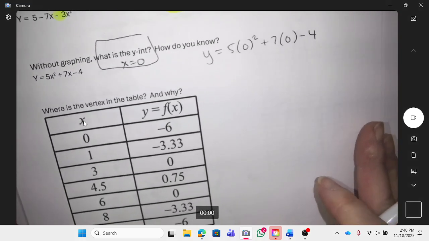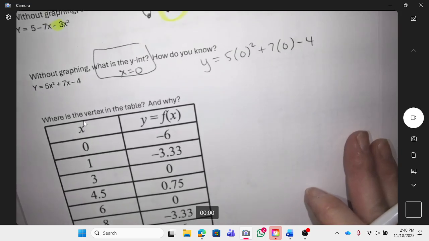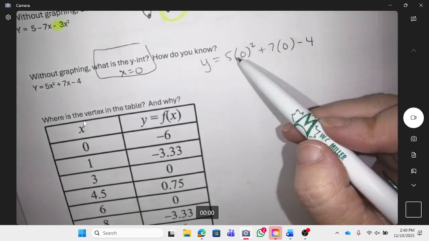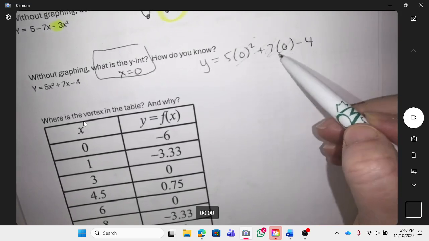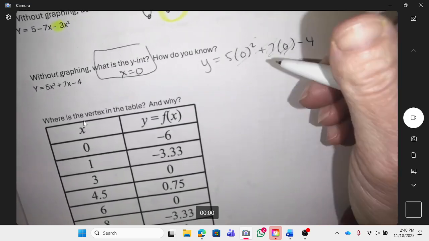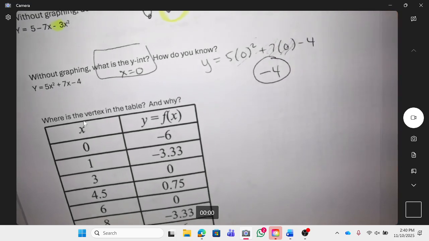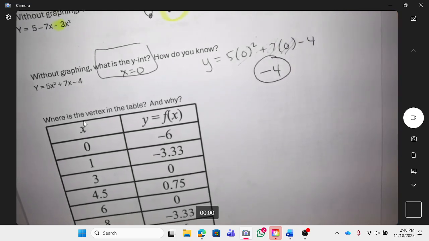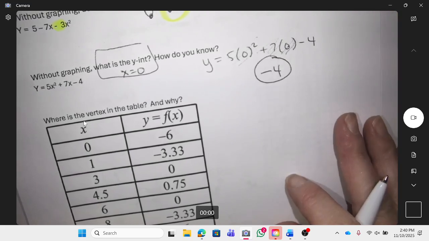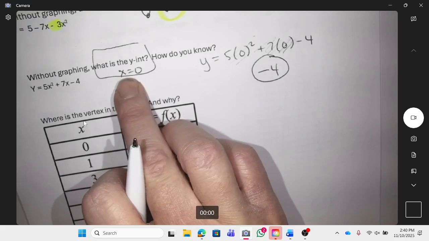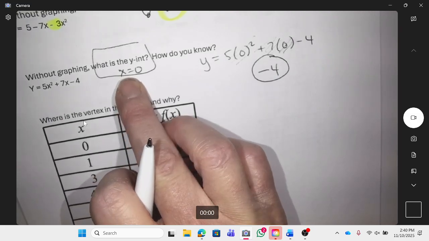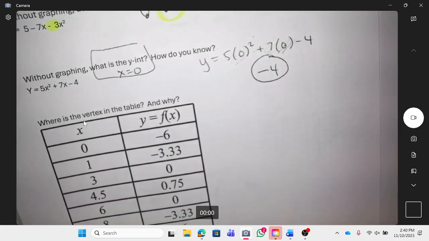What kind of number does that come out to be? All this is 0. All this is 0. Subtract 4. Does that make sense? Knowing the definition, there's no x, so we come out to be -4.